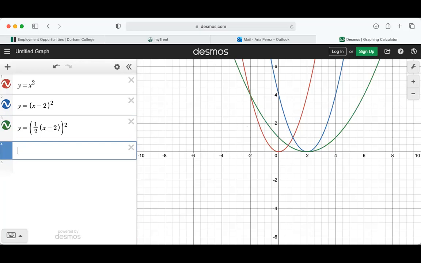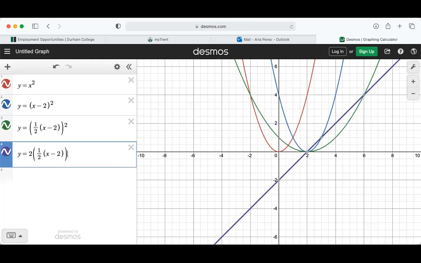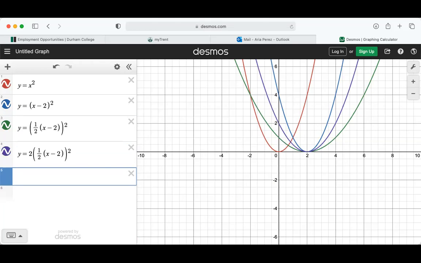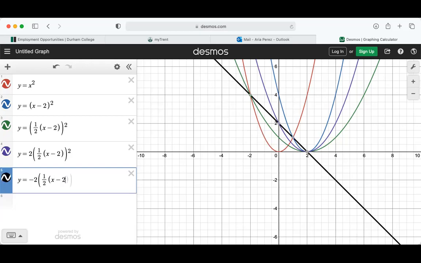Then you could put a 2 in front, and you get the purple graph. Now we want to flip it, and then you get that black curve that flips.